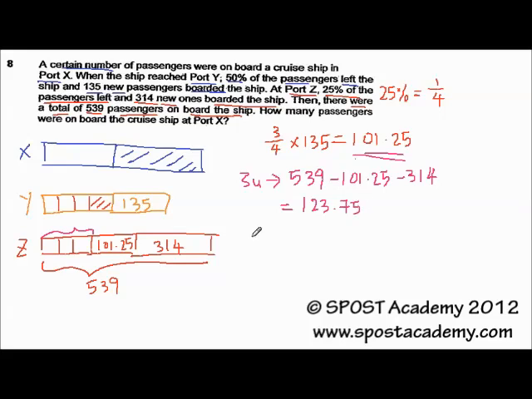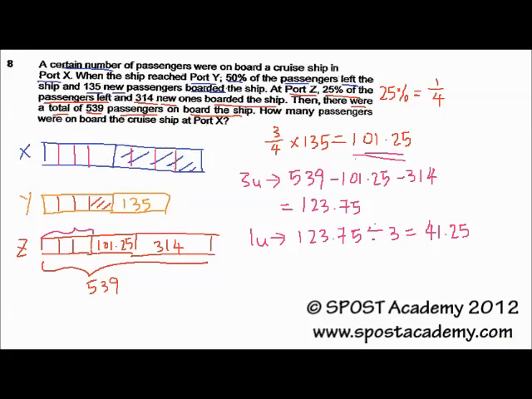123.75. So to find 1 unit, we will need to use 123.75 divided by 3. And it gives us 41.25. Now, if we know that this is actually 4 small units which we have cut earlier, then we can also cut this into 4 units, and this is also into 4 units.